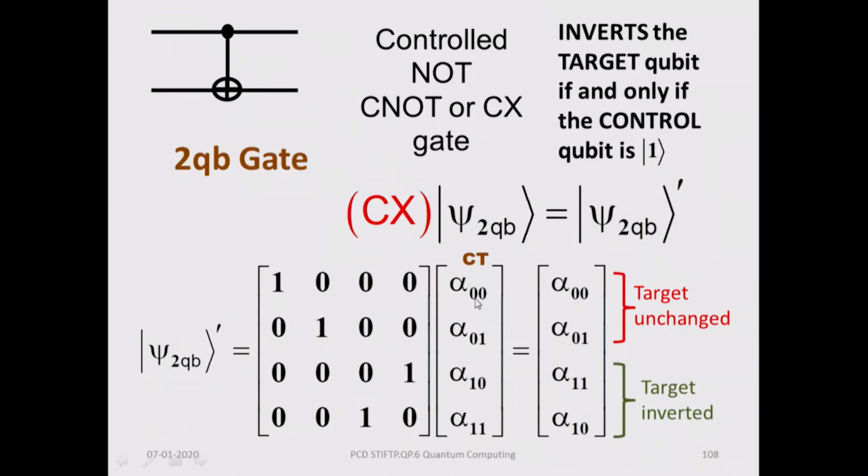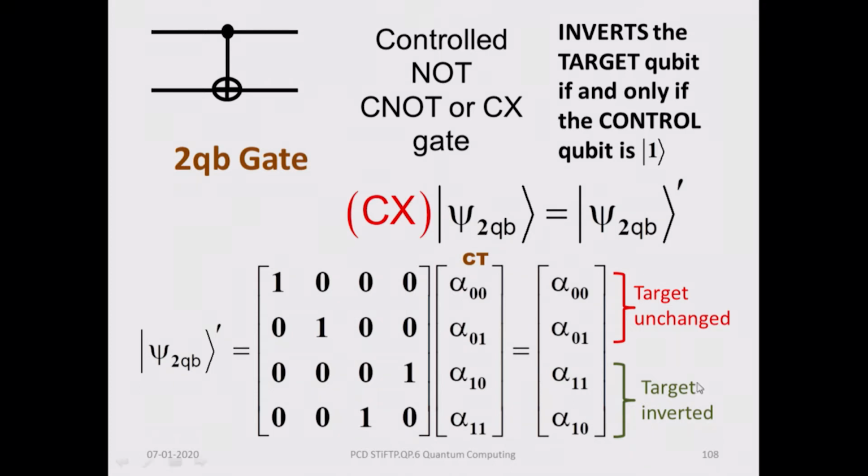And notice that the target states remain unchanged when the control qubit is 0. Okay. So, here the control qubit is 0, here also the control qubit is 0, the target is 0 and 1, and these target states remain the same, which is 0 and 1, and that is represented by this first 2 by 2 block of this matrix, all right.